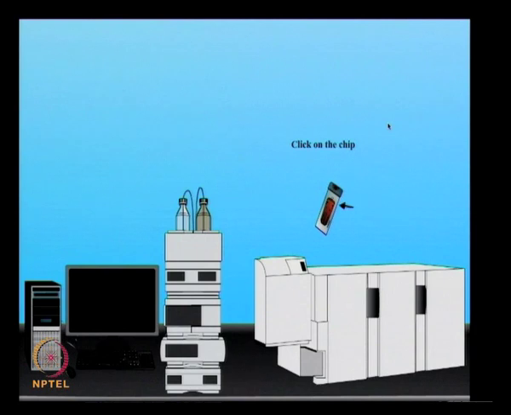There are certain commercial advancements available to improve these limitations. Agilent's HPLC chip technology is a microfluidic device which carries out nanoflow high performance liquid chromatography and reduces limitations of several fittings and connections.